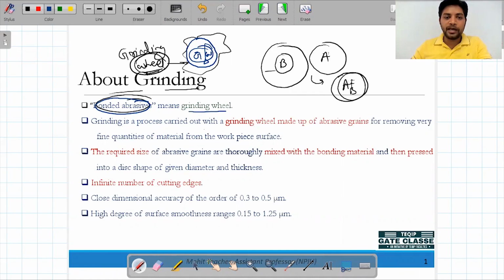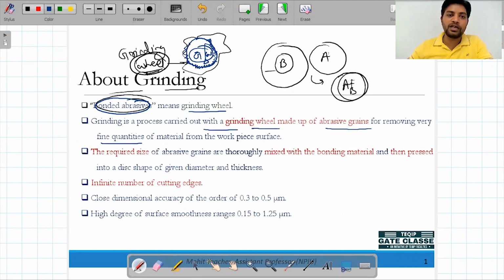Grinding is a process carried out with a grinding wheel, made up of abrasive grains, for removing very fine quantities of material. The grains we use are very small in size. Over the periphery of the grinding wheel there are only abrasive grains.